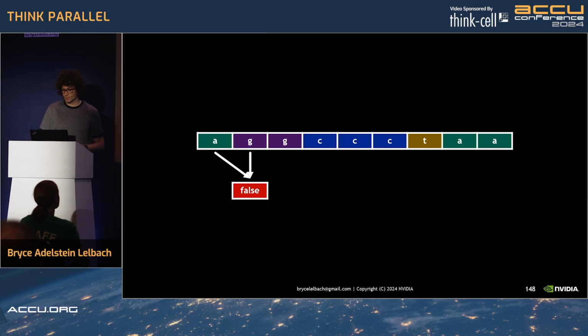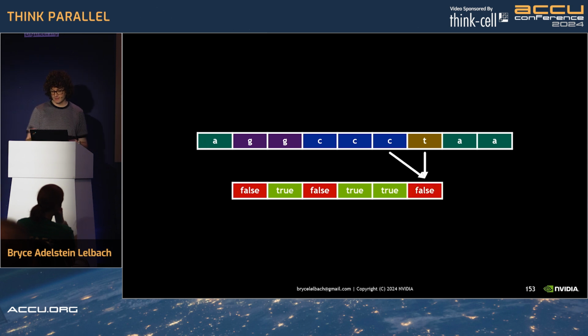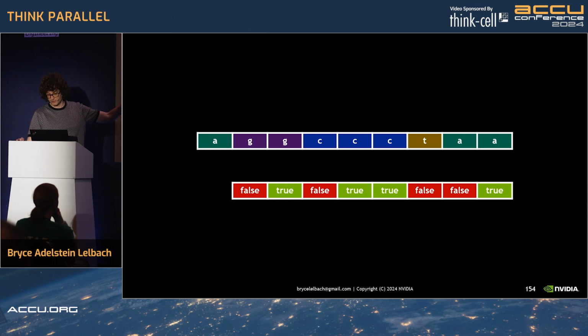So for the first 2 adjacent elements, the operation returns false because they're not equal. Then for the next 2, it's true, then false, then true, and then false, and so on. And we can see from this that there are 4 splits, the 4 falses, and there are 5 different chunks that we need to form.